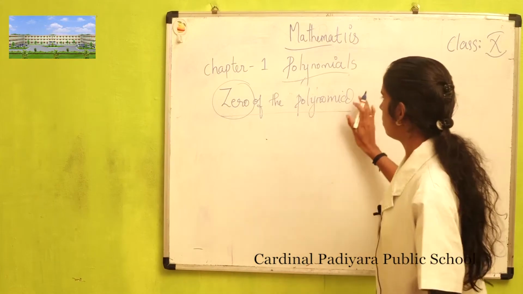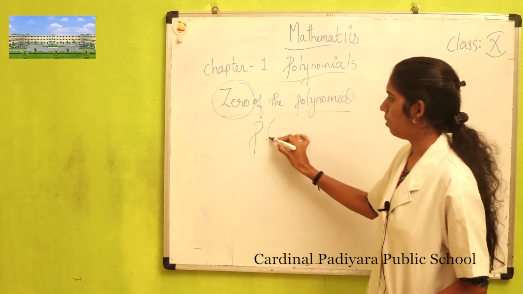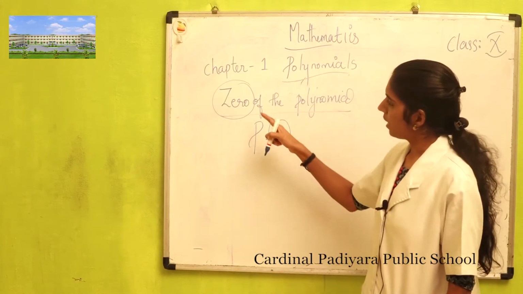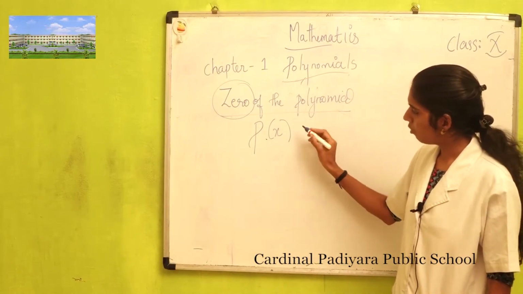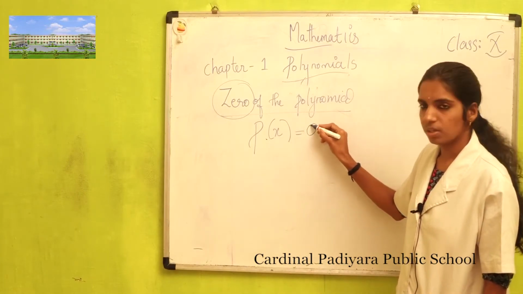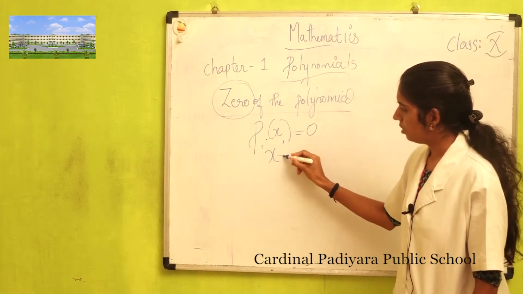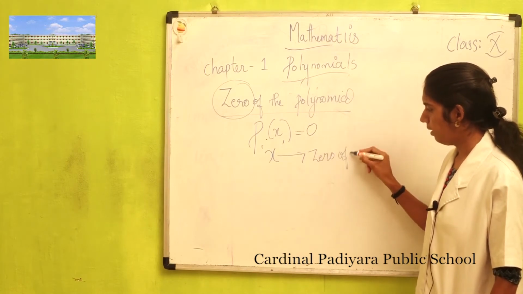So the zero of a polynomial means, suppose I consider any polynomial p of x. Okay. So its zero means if we equate this polynomial equal to 0, then we find the value of the corresponding x. This value is known as the zero of the polynomial.